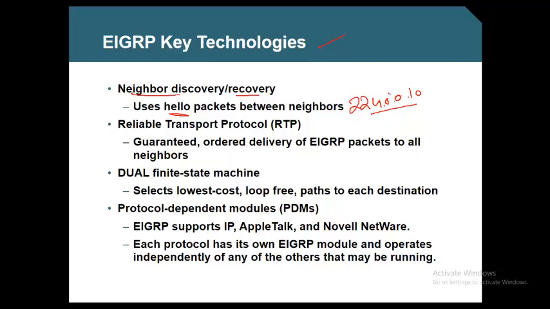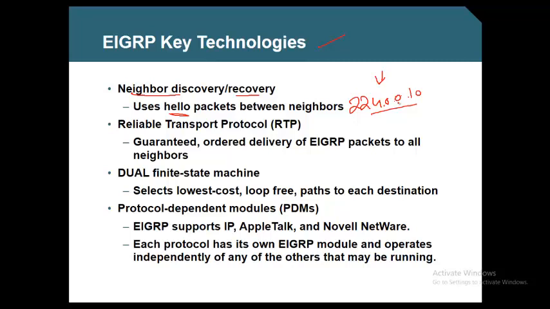Because the packet is going to this address, all EIGRP routers will say, it's mine, let me open this packet, because the address 224.0.0.10 is EIGRP.